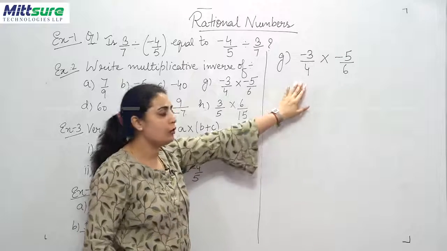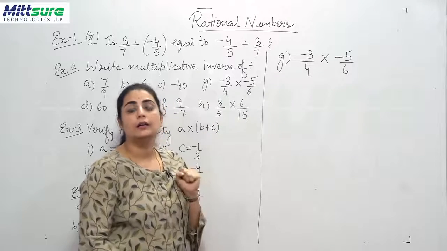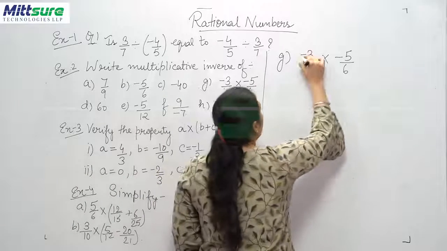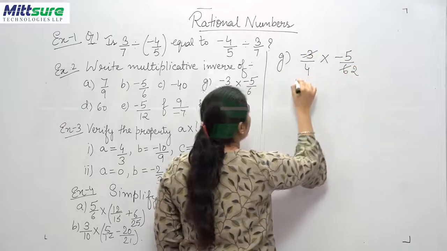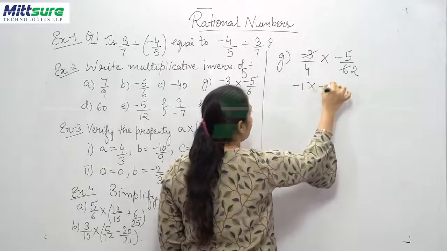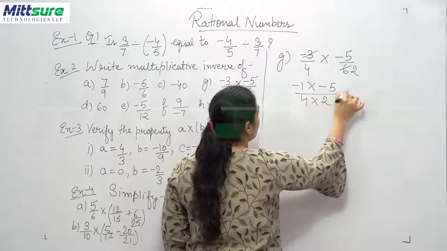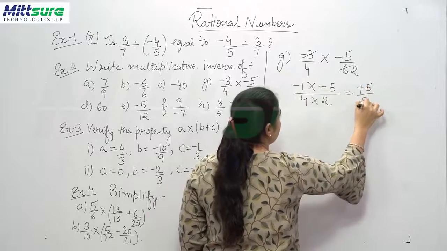Firstly, you are going to solve this multiplication. Then only you can write it in the multiplicative inverse form. So we will be cancelling 3 and 6 two times. So this is minus 1 into minus 5 upon 4 into 2. So it is plus 5 upon 8.